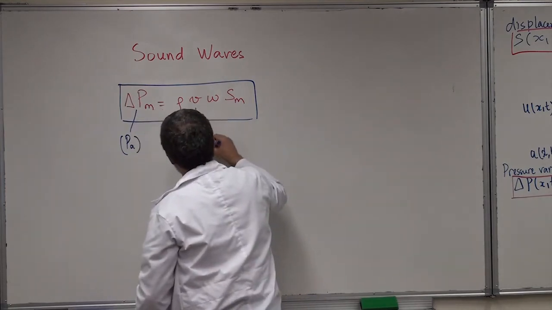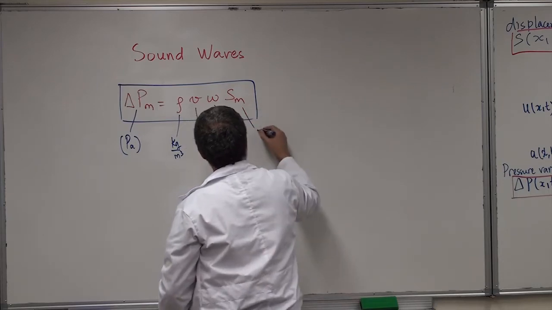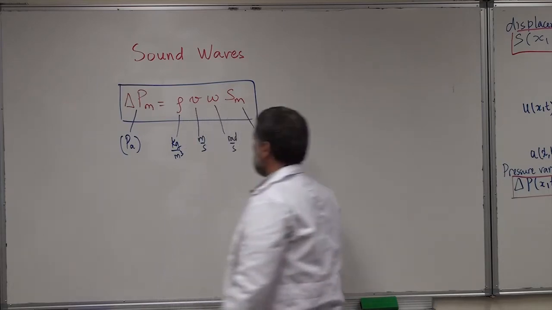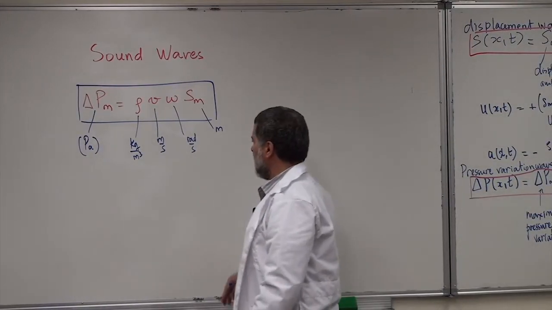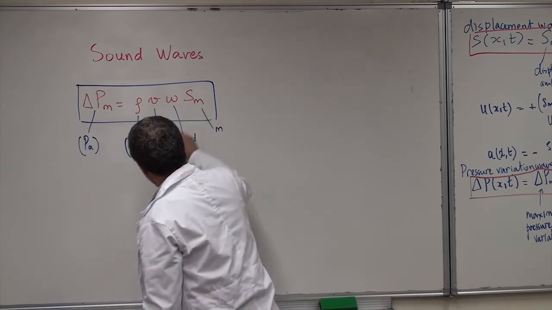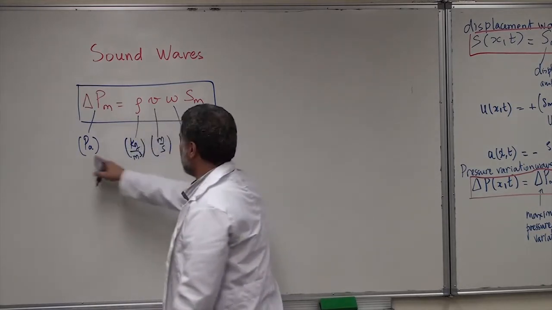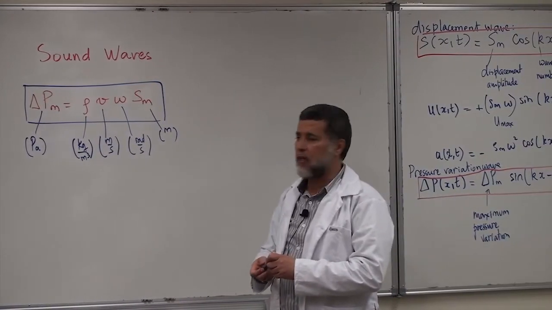This is meter per second, it's a speed. This is radian per second, angular frequency, and this is meter. Of course, radian is not a unit, so you can put 1/2 here. Then you can notice that the product of all these quantities gives you exactly Pascal, which is the unit for pressure.